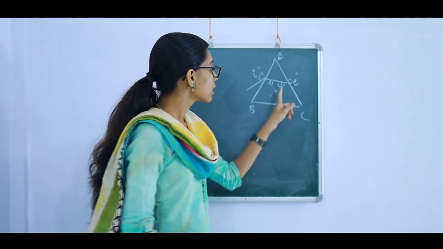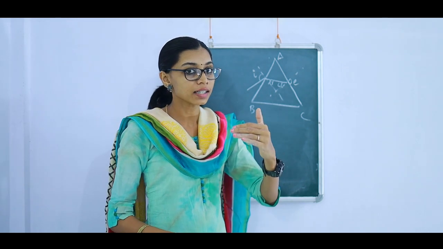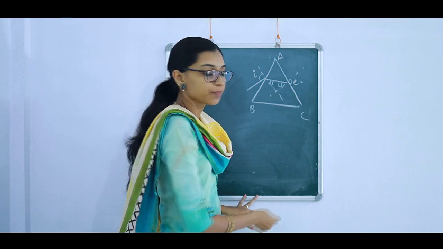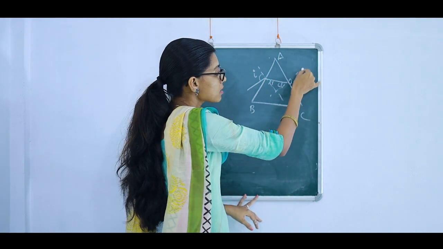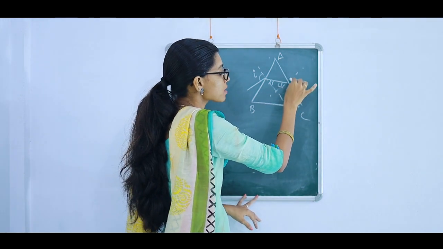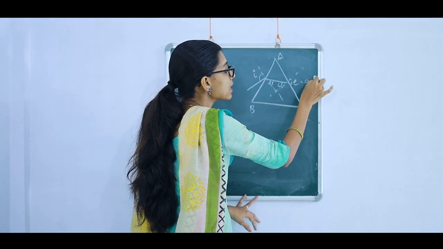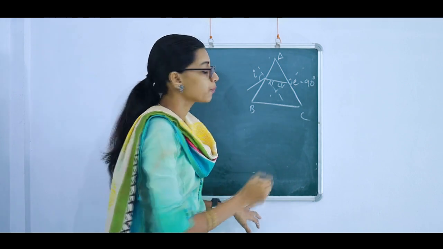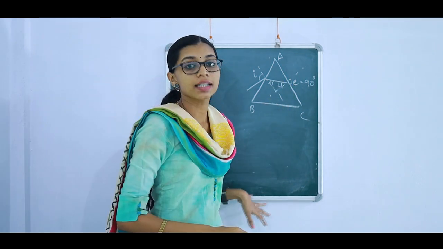So I take this as the critical angle C. And what will be this emergent angle? This is a face and this is perpendicular to it, so this has to be 90 degree. So we know the emergent angle and this has to be the critical angle.